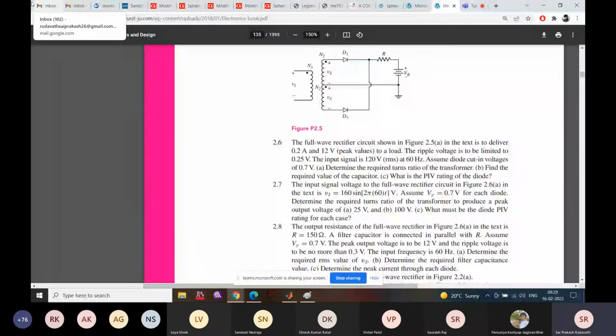You got it? Peak inverse voltage? Yes, sir. How much value did you get? 24.7. Right. 2 times the maximum voltage minus 0.7. Right.